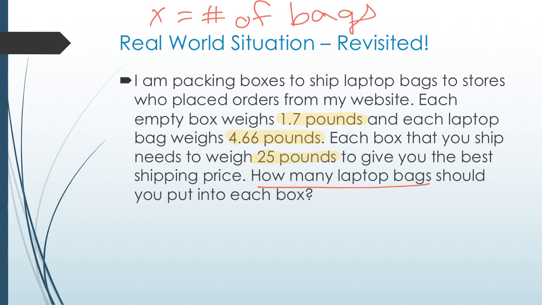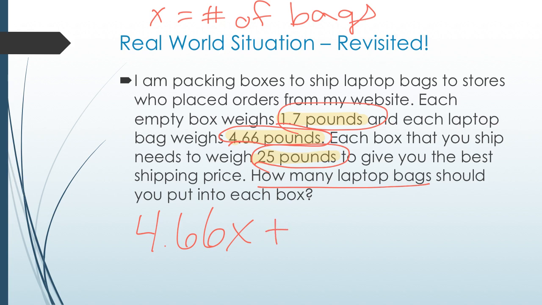So, does each bag have a set value? Yes, each bag weighs 4.66 pounds. So I have 4.66x. And then some constants. I have 1.7 pounds. That's our empty box. And the boxes need to weigh 25 pounds. So I'm going to add the weight of our empty box.